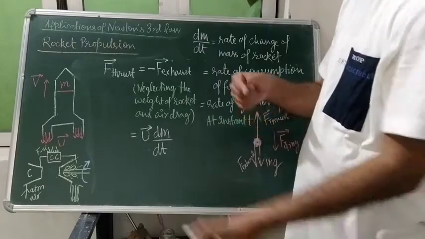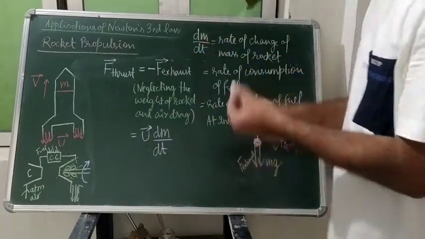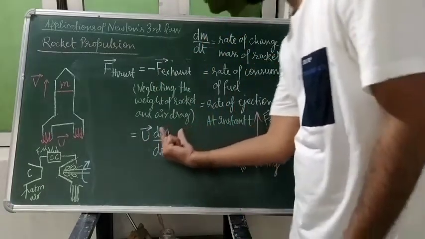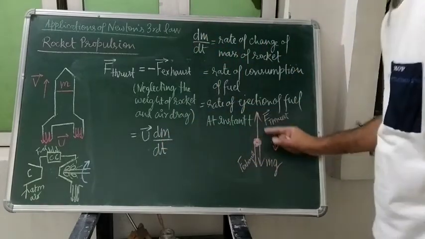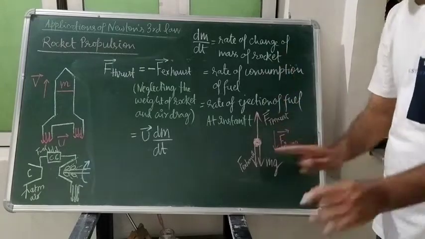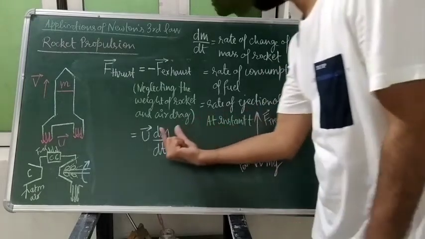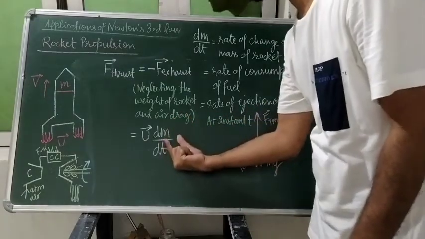There will be an initial momentum and a final momentum for some variation of mass. It is a very small variation we are looking at, in a very small time del t.